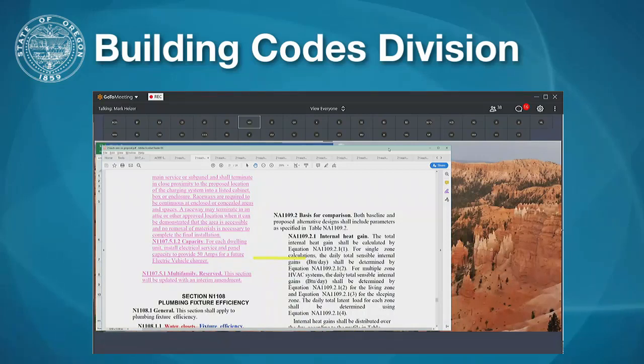So a 50 amp service to a charger can do about 40 amps of service, which, if I remember correctly off the top of my head, is somewhere around an 8 kilowatt feed to the vehicle charger, which can do a little over 400 miles a day of charging if you're doing this overnight.